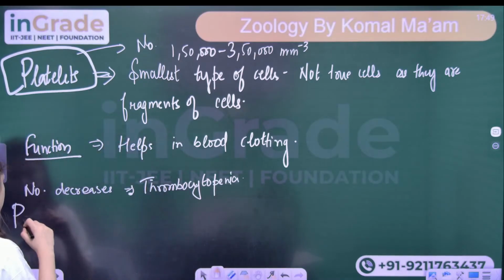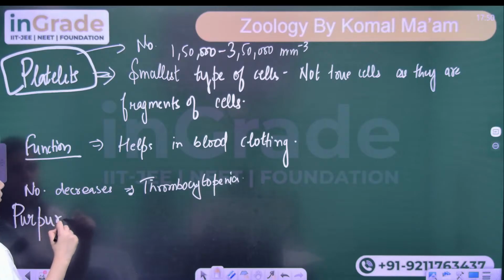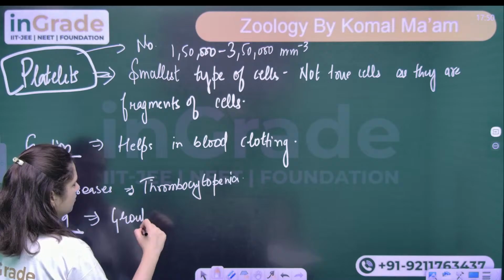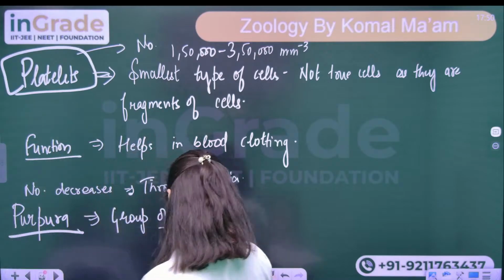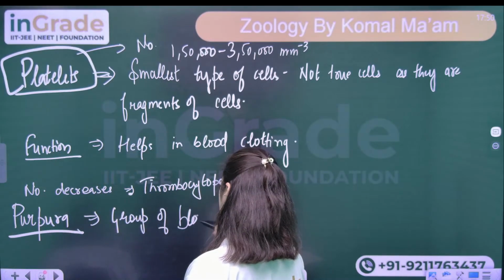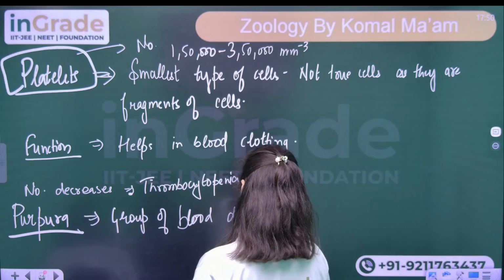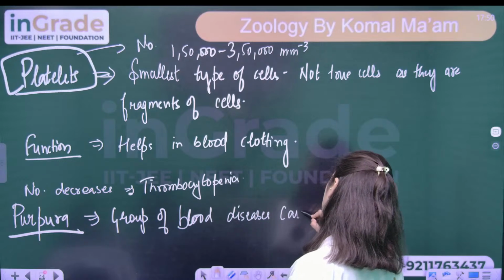What is purpura? Here the term comes. Purpura is a group of blood diseases caused due to thrombocytopenia.